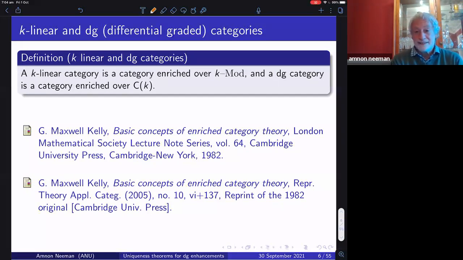And if you've read Kelly's 1982 book, you will know all about enriched categories, but let me quickly remind you what this means in concrete terms.